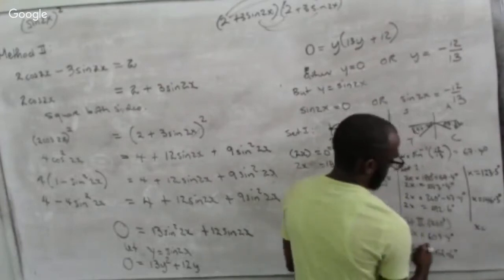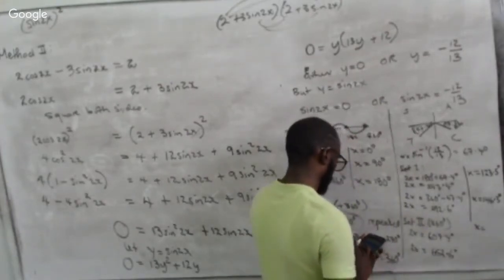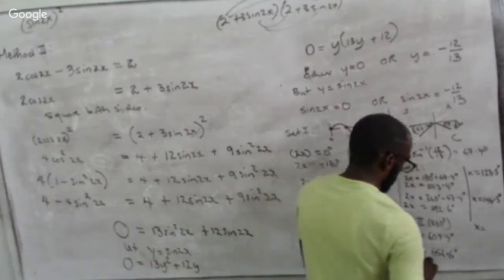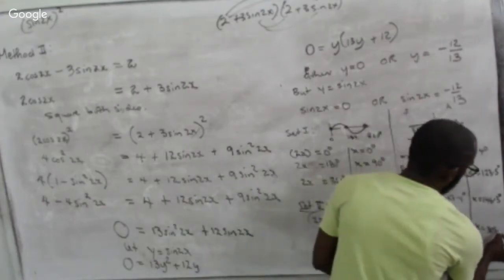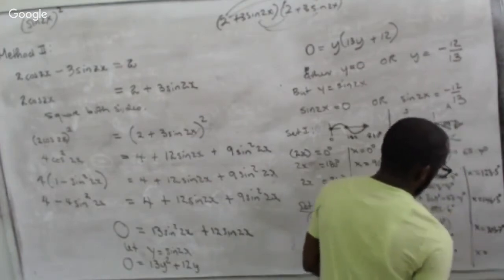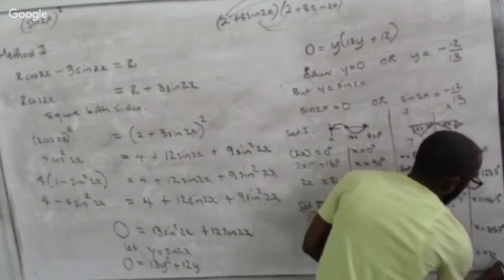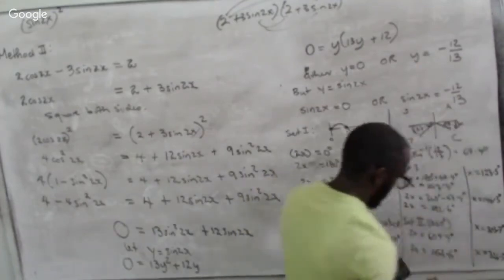And this down here? 303.7 degrees. And x equal to? Let's see. 326.3. Great stuff.